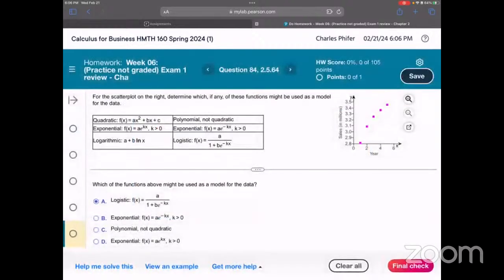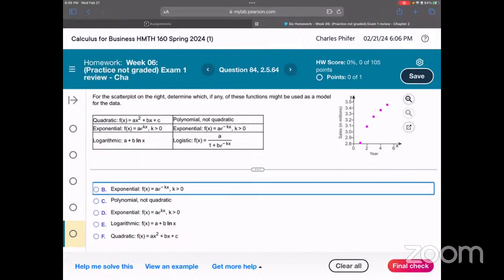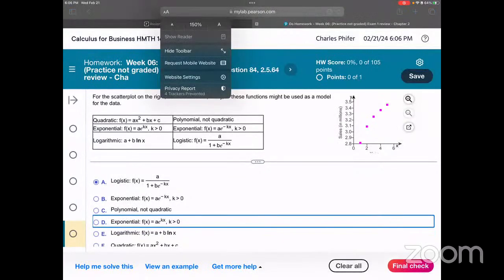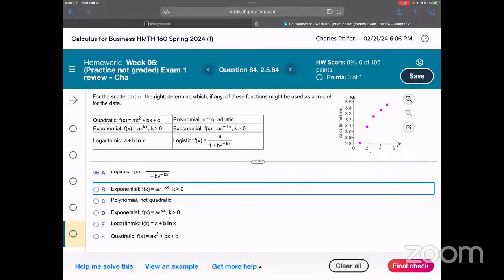Exponential decay. That's not exponential growth. But I'm torn. Oh, there were more options. I didn't even scroll. Let me change my zoom. Well, I wasted two. I didn't realize there were more options. So we've ruled out exponential and we know it's not A and B.